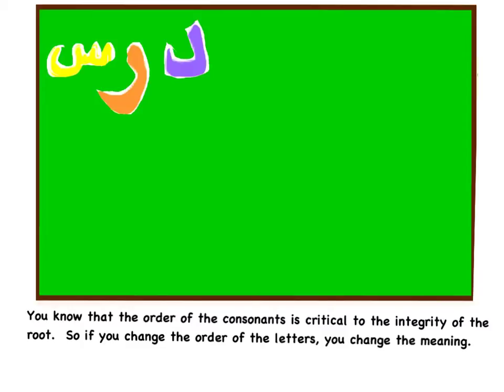Example, here we have the root that we just saw, dal, ra, sin. Remember, we said it belongs to the family of words of education: to study, to teach, school, the studying, the study of. So in this order, dal, ra, sin, it is education or to study.